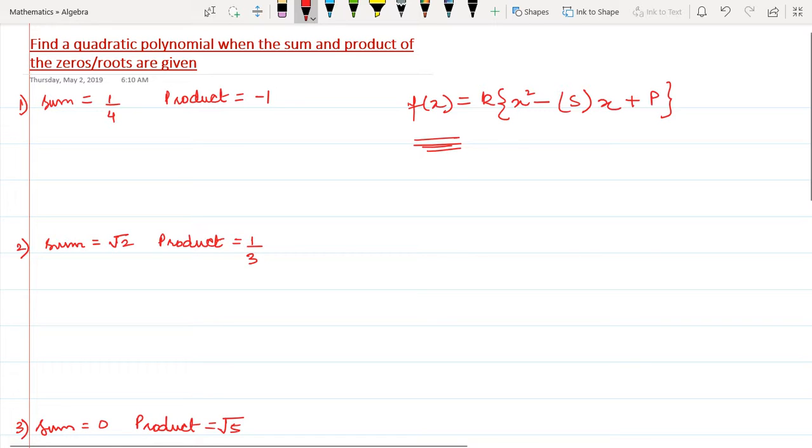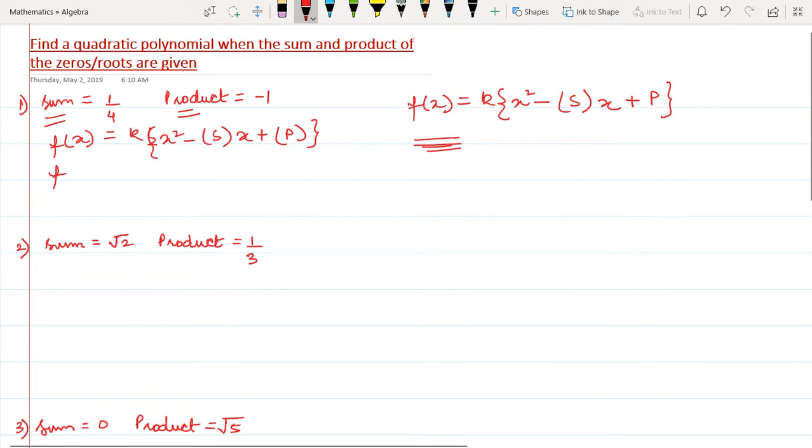Now let us try to fit this formula in this question. As I said, if you have to find a quadratic polynomial whose sum is given and whose product is given, you will use this formula. I'm writing it again so that it gets imprinted in your head really well. f of x is equal to k times of flower brackets x squared minus sum of roots multiplied by x plus the product of the roots.